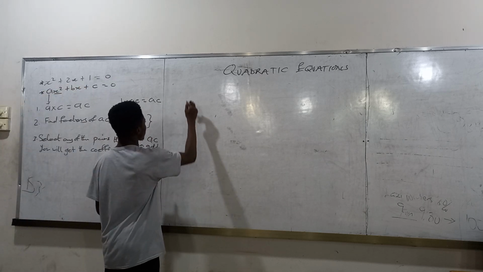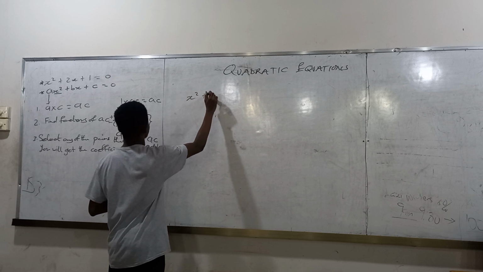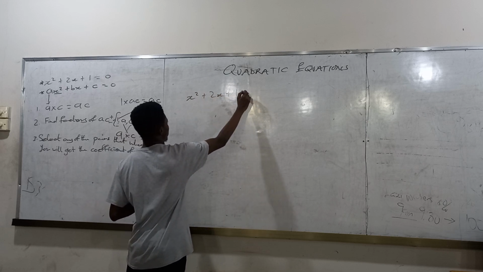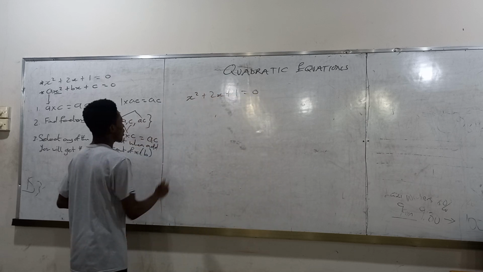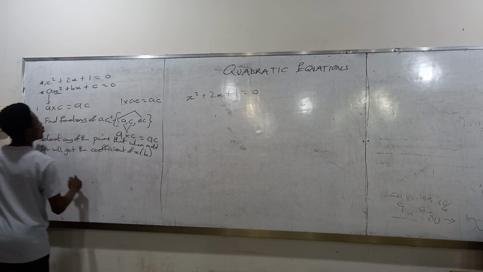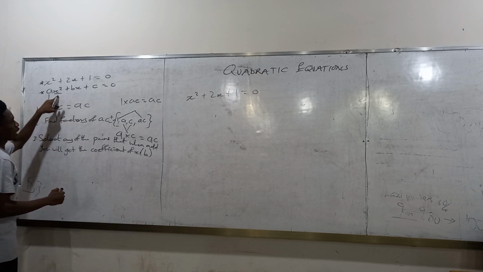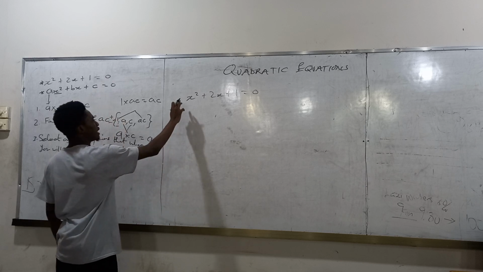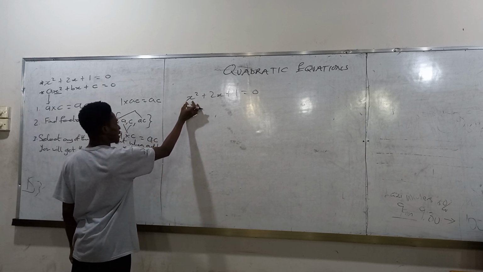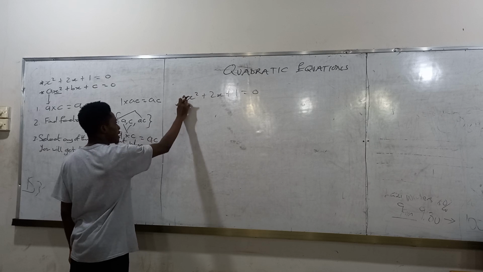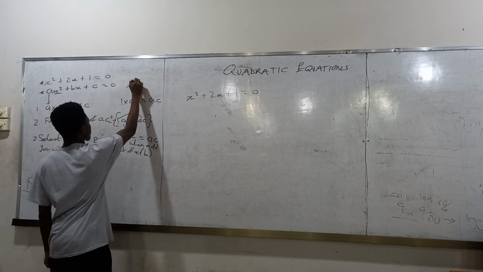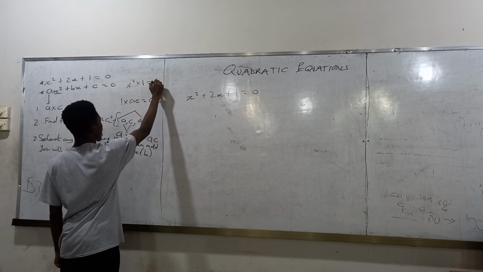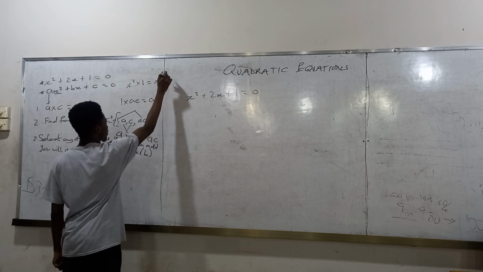We have a question like x squared plus 2x plus 1 equal to 0. The first step says that we multiply the coefficient of x squared by the constant number. You see this is x squared. Since there is no number here, we know that x squared is 1 times x squared.